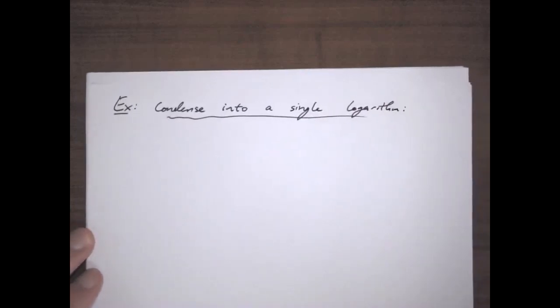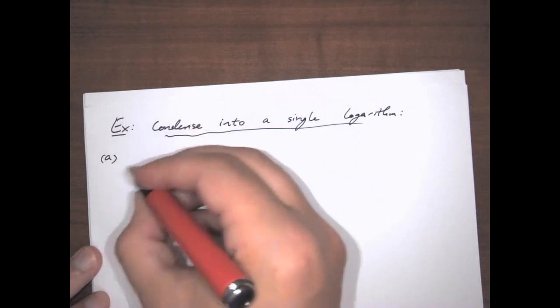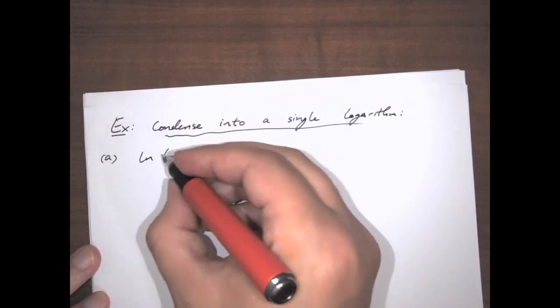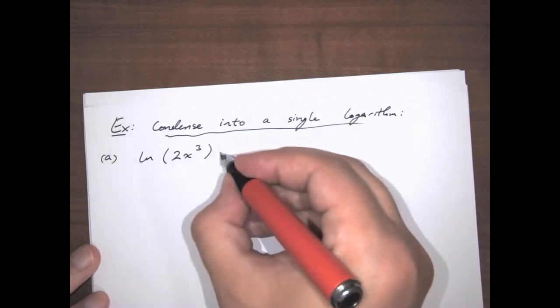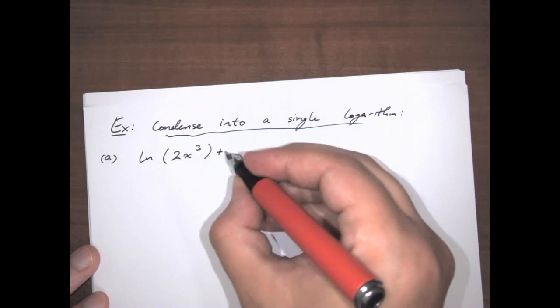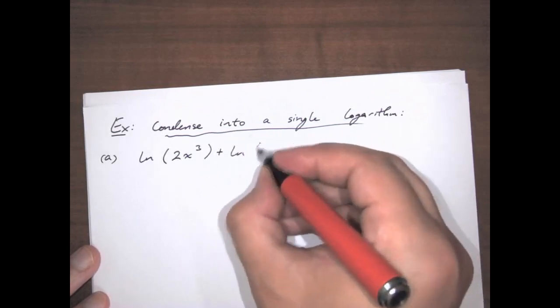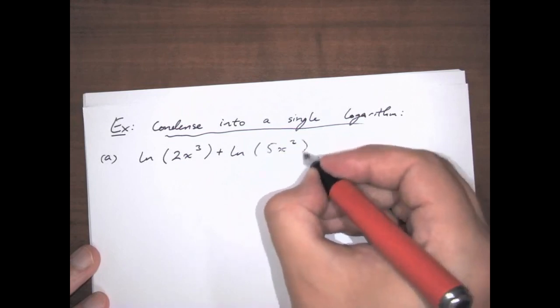And we could have, for that, something like this. We could have ln 2x cubed plus ln 5x squared.